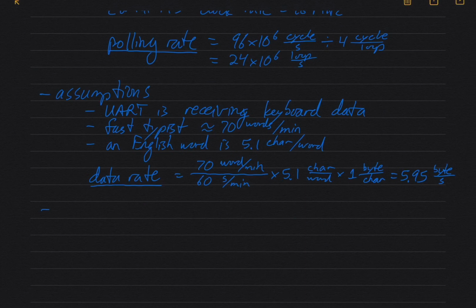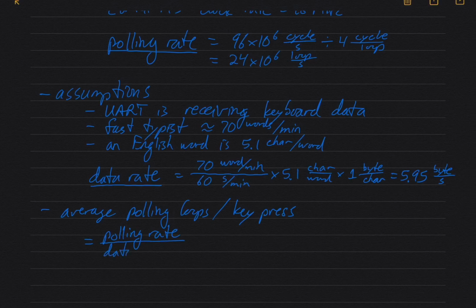So the average polling loops per key press is going to be equal to the polling rate divided by the data rate. We've got loops per second, we've got bytes per second. Pretty simple, we just divide the polling rate by the data rate.